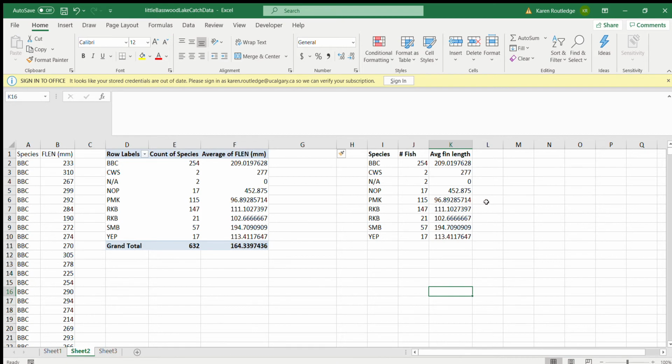Now, prior to Math 105, if you were asked to calculate the average fin length from this particular data, so don't worry that it's an average of an average at the moment, you probably would do something like 209 point, etc., plus 277, plus 0, plus 452, and work your way down, and then divide by the 9 data points that are here.